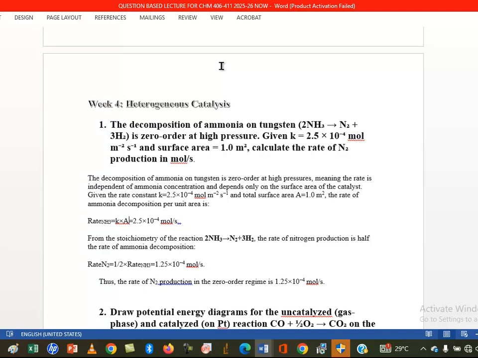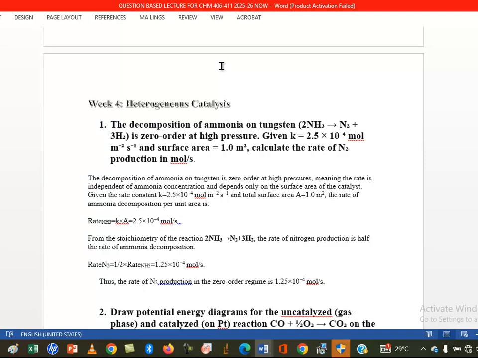Now to answer the question, the rate we are looking for is not for ammonia, it is for nitrogen gas. But remember that when you look at this equation, 2 moles of ammonia will produce 1 mole of what? Nitrogen gas. So that means the number of moles of nitrogen gas is half of that of ammonia.